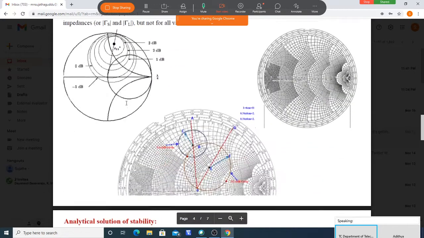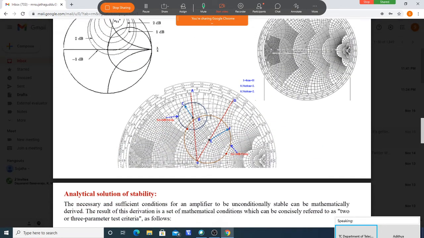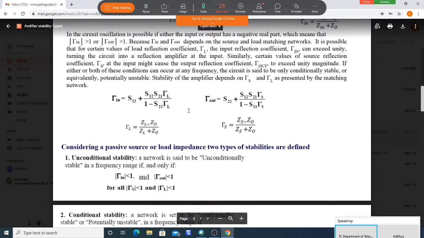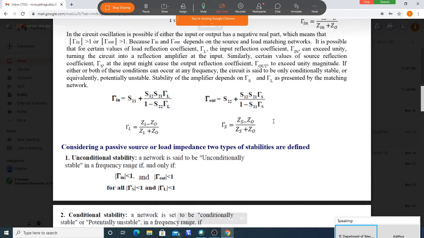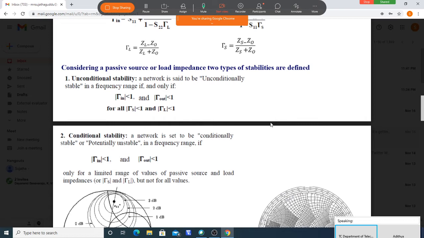Then how to check it? What value do you have to choose? That is the question. Next question is, what value do you have to choose over this as a ZS? Similarly, what value do you have to choose over this as a ZL to get ZIN and ZOUT lesser than 1? Okay, so here actually there is a very easy method.